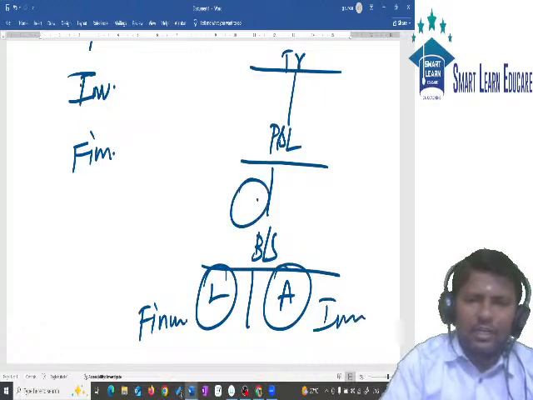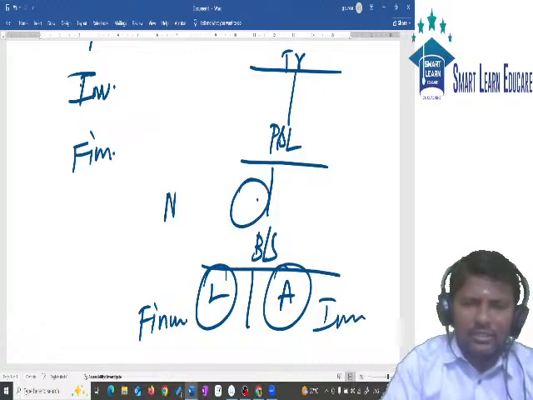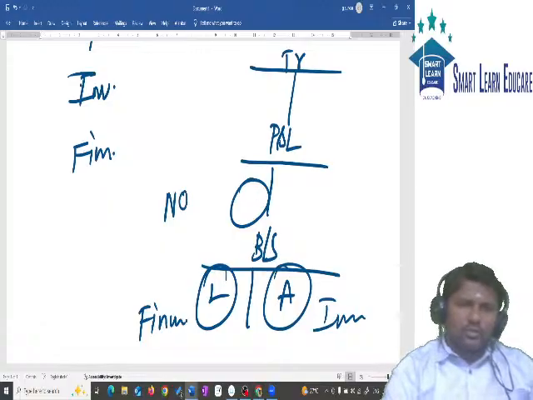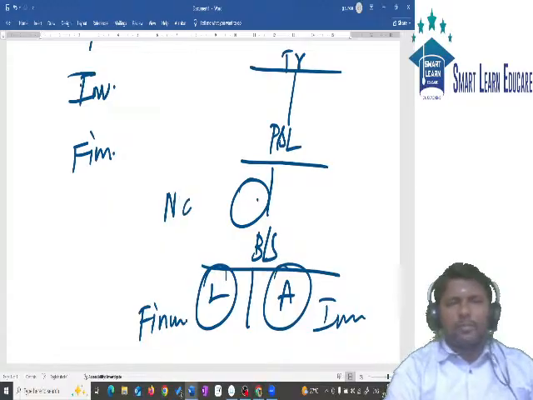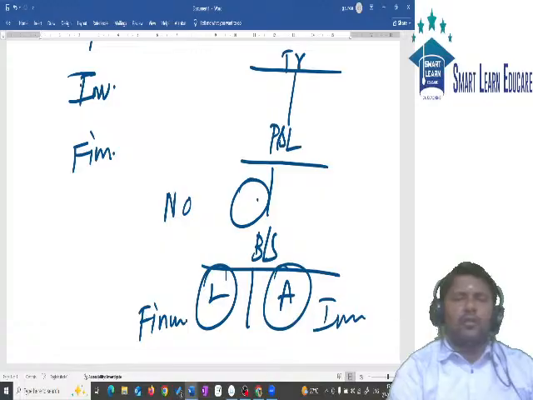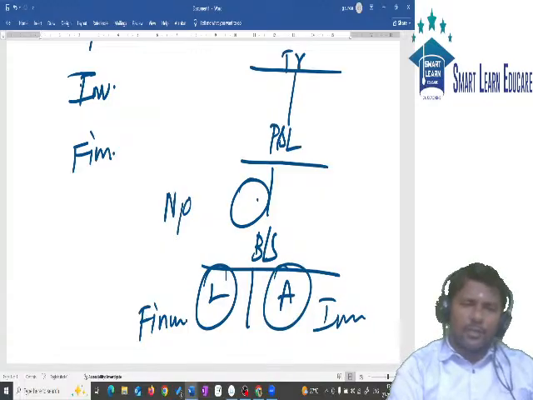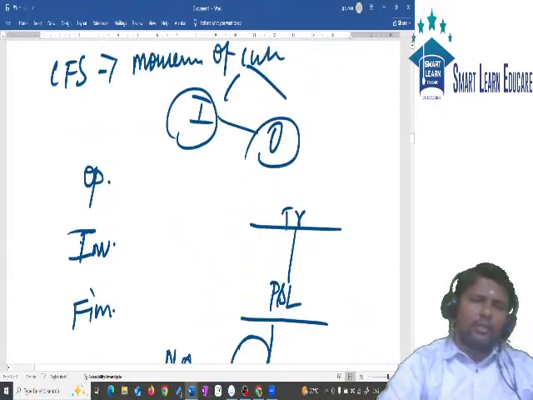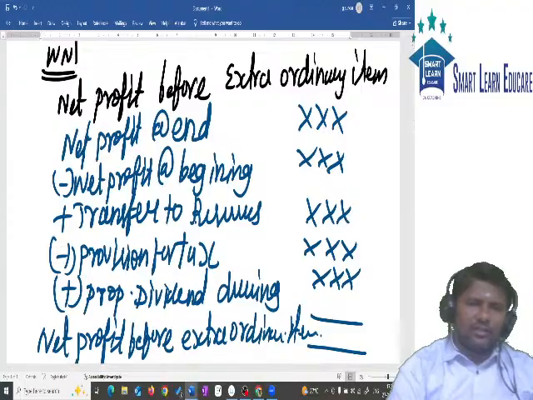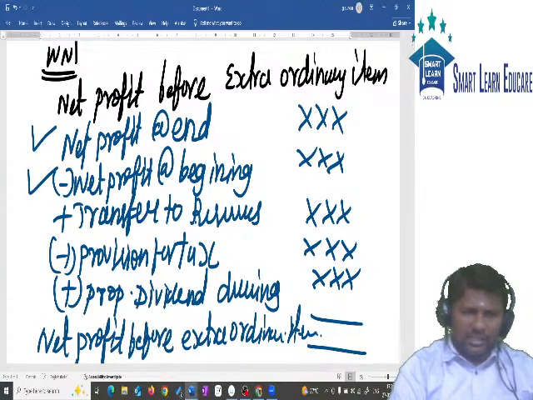Trading and P&L account related activity is operating activity. To find the net cash flow from operating activity, we take net profit as the basis: the net profit earned during the current year, found by comparing net profit at the end with net profit at the beginning.